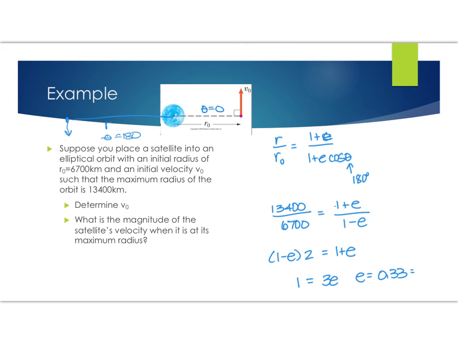We set that equal to R naught V naught squared over G R E squared minus 1. So we're going to be able to solve for V naught. I'm going to just do it over here.